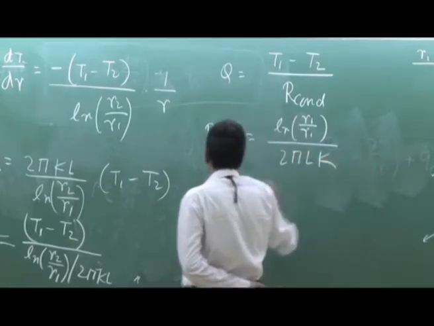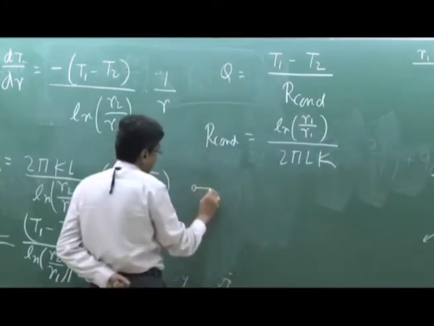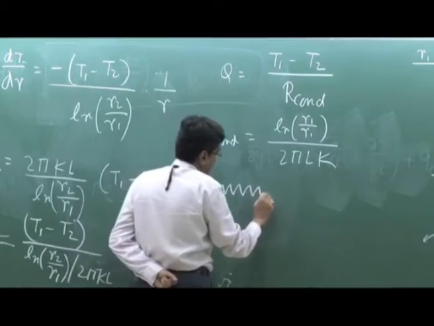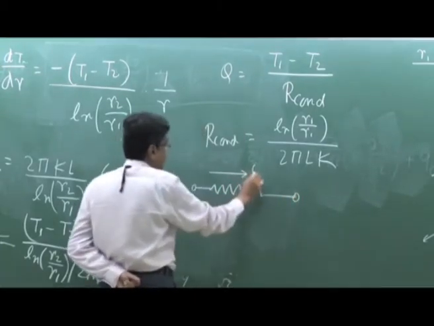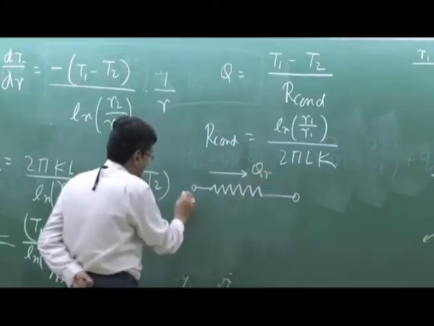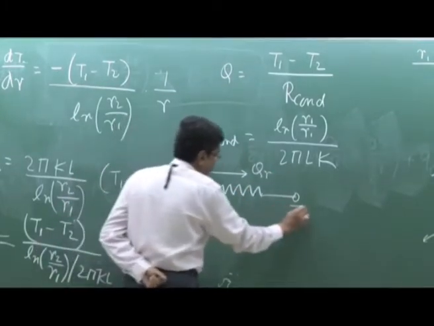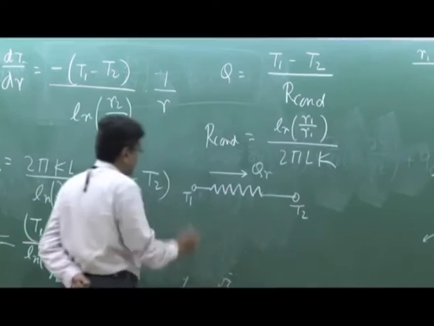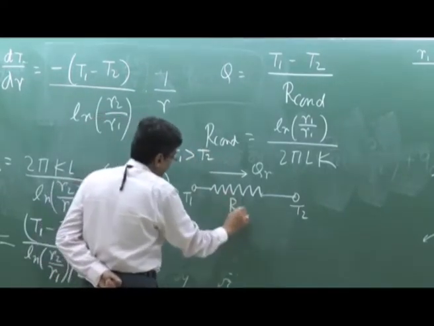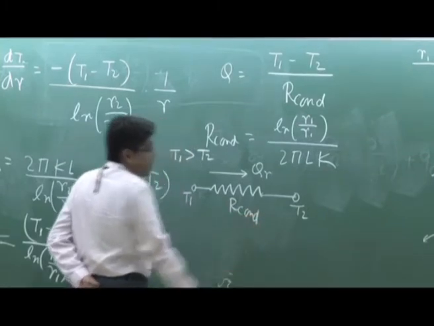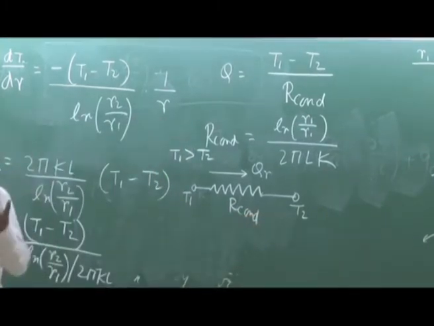That means this can be represented by an electrical analogous circuit like this: this is Q_r in the radial direction, this is T1, this is T2, two potentials, T1 greater than T2, and this is the conduction resistance, which in the case of a plane surface was L by k.